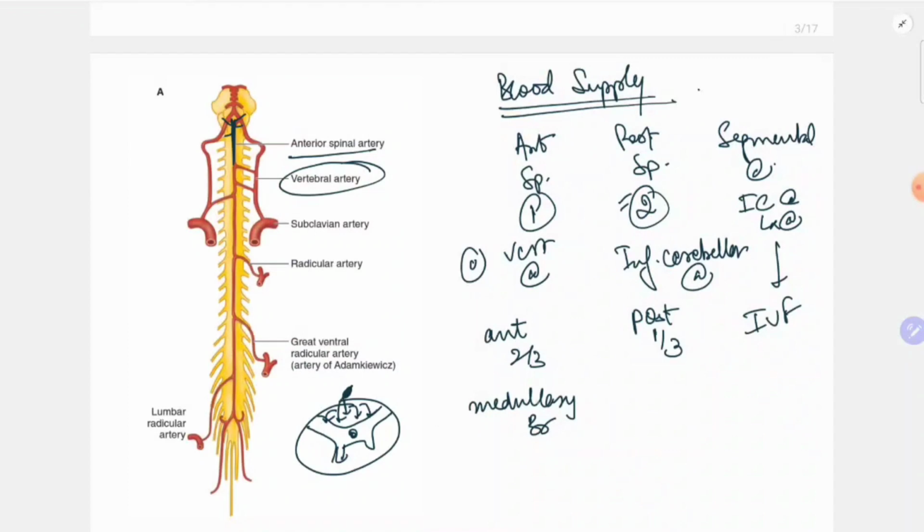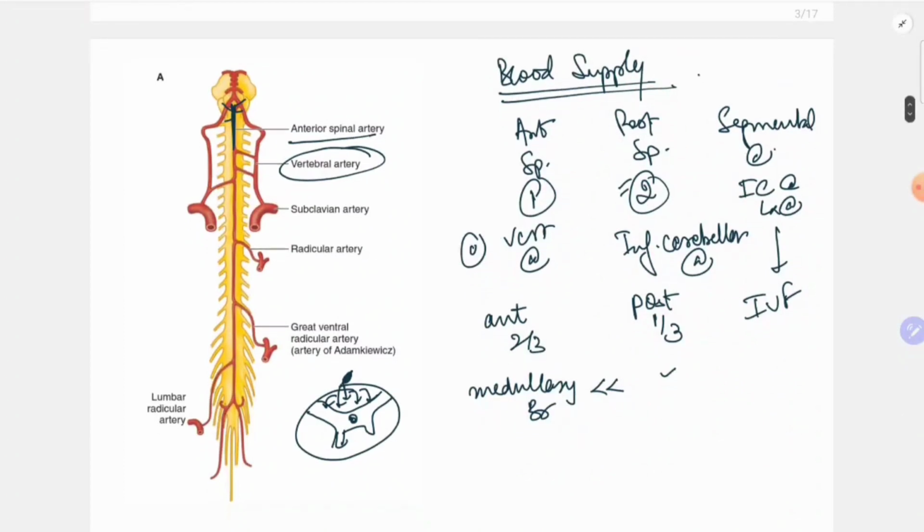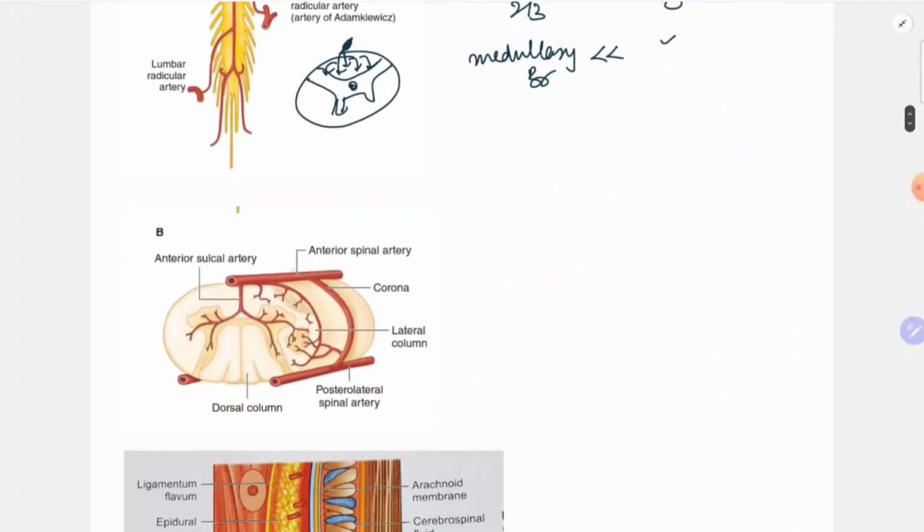So these are the medullary arteries. The medullary branches from the anterior spinal artery are far fewer as compared to those in the posterior spinal artery. Hence what happens is, see here, we have a single anterior spinal artery and we have two posterior spinal arteries, and these are the medullary branches.